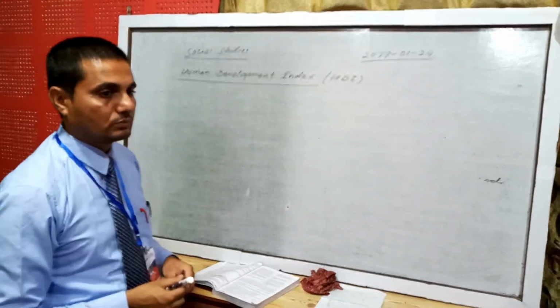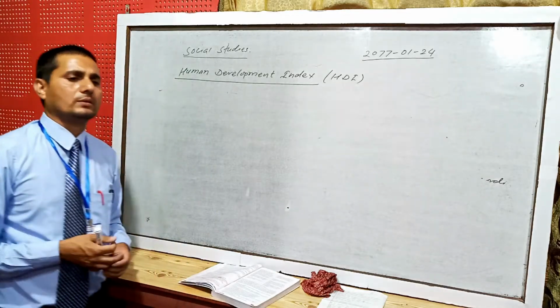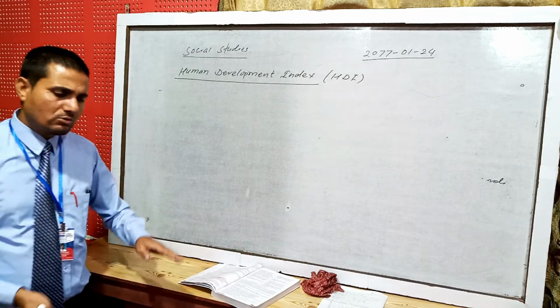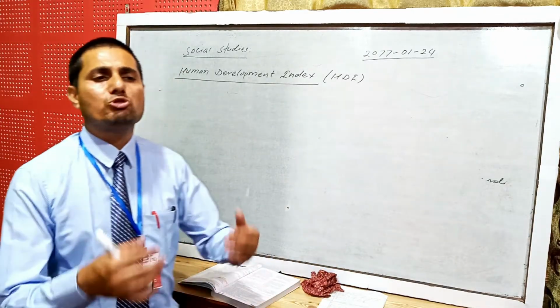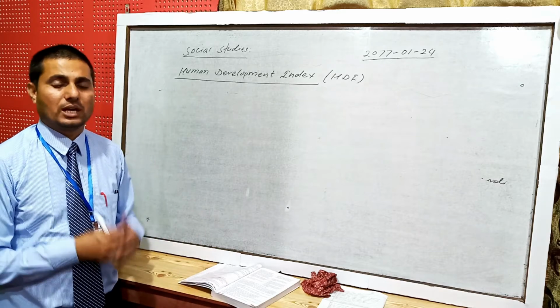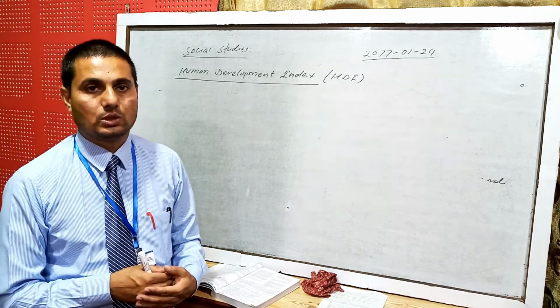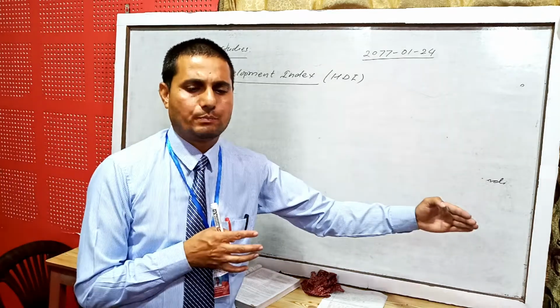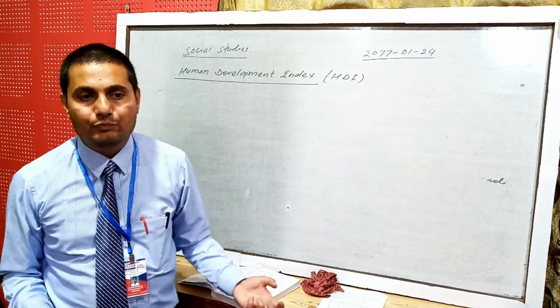Now, in the world, some countries are well developed, some countries are developing, and some countries are not developed yet, need to be developed. Some countries are on the progressive path, on the path of development, like Nepal.